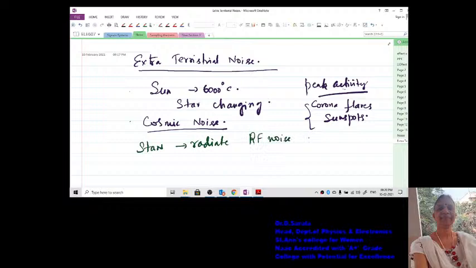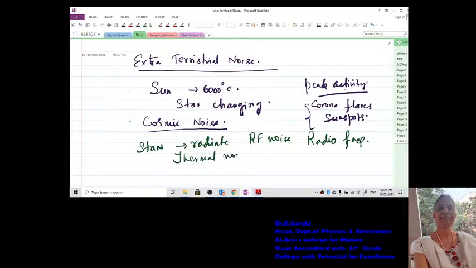RF means radio frequency noise. So this noise received is actually called thermal or black body noise, and it is distributed fairly uniformly over the entire sky. This is called thermal noise because they are radiating.